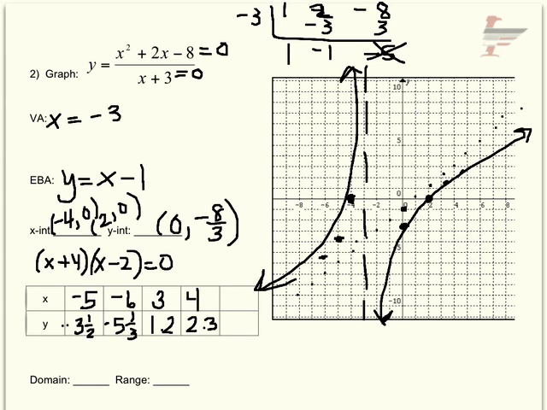Perfect. And then your domain, again, is all real numbers except that vertical asymptote, so x can't equal -3. And then the range is everything, because this goes on forever in both directions for the y values.